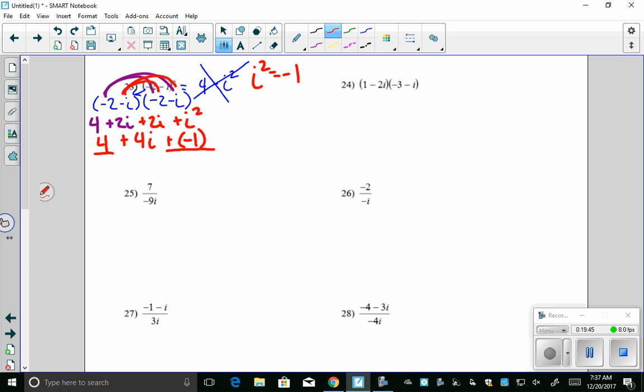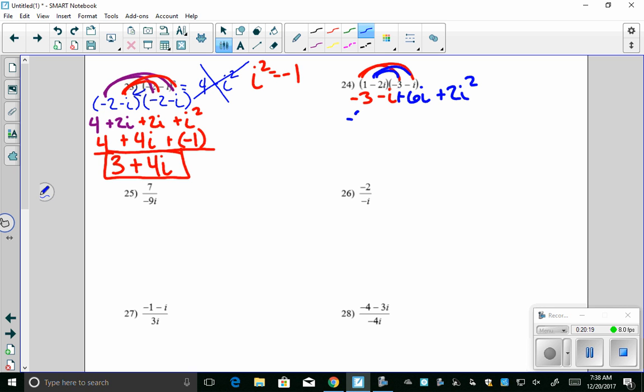4 minus 1 is 3 plus 4i. Same thing with 24. Distribute. 1 times negative 3 is negative 3. 1 times negative i is negative i. Negative 2i times negative 3 is positive 6i. And negative 2i times negative i is a positive 2i squared.